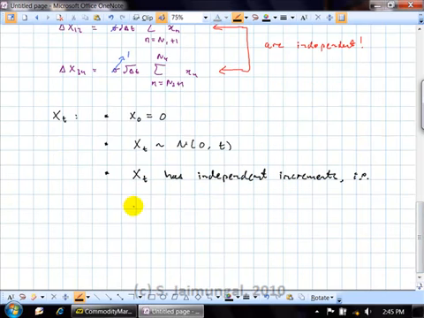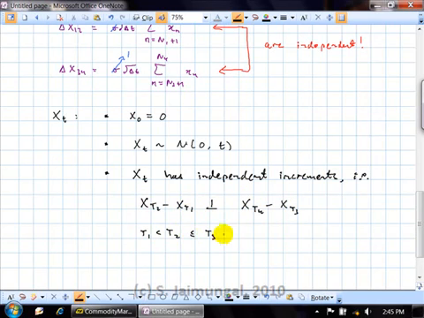In other words, xt2 minus xt1 is independent of xt4 minus xt3 as long as we have this relationship. As long as the intervals do not overlap, we have this independence of increments.